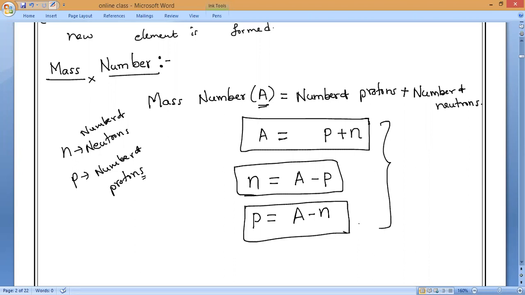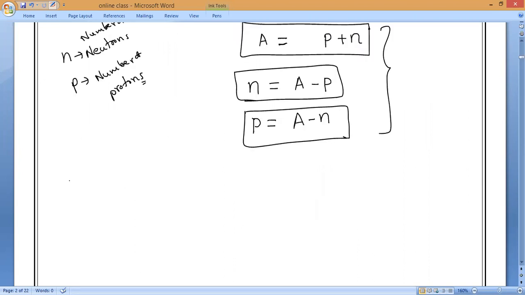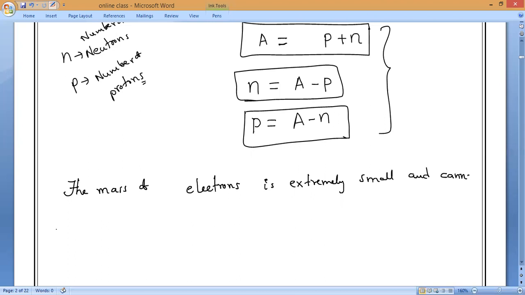Why, guys? Why is the number of electrons not considered? Because the mass of electron is extremely small and cannot be compared to the mass of proton and neutron.